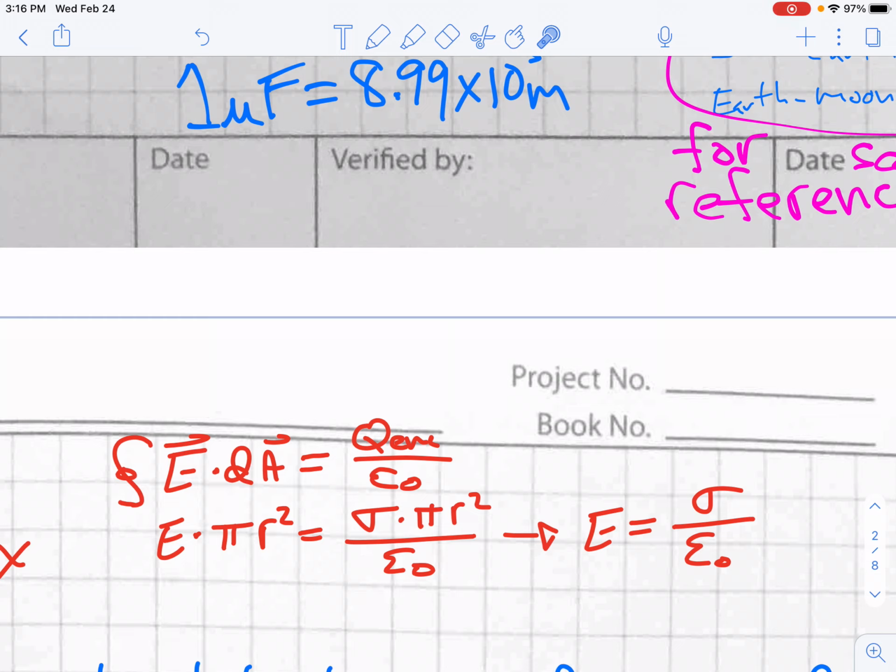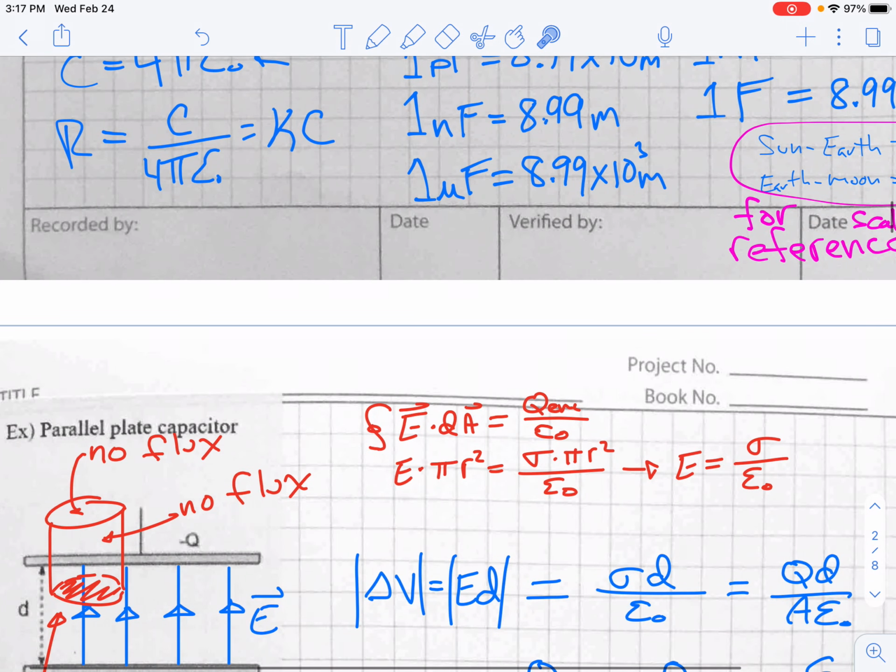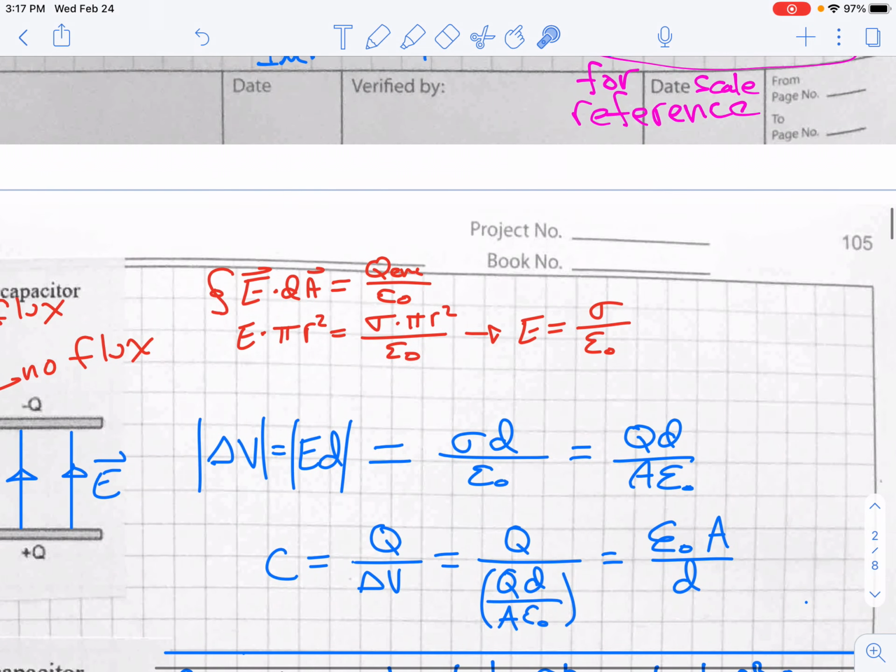Charge per unit area times area over epsilon naught. The pi r squareds cancel, and you see the electric field is sigma over epsilon naught, which is double the result that you get from just one slab of infinite charge, because here the fields in the middle have added together. If we want to find out the capacitance, we need to find the voltage.